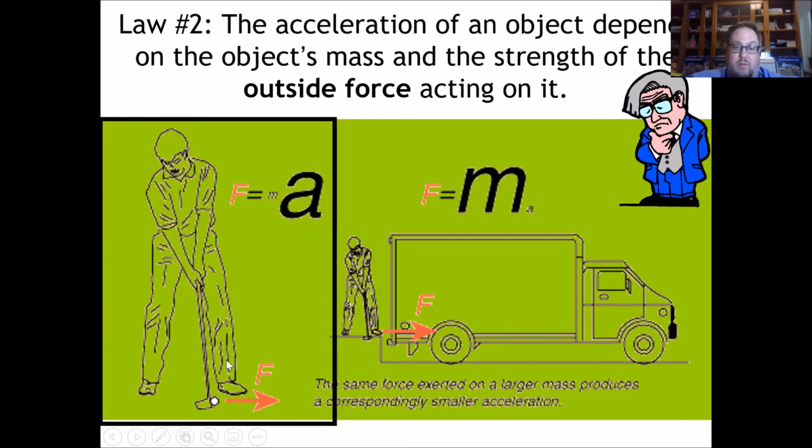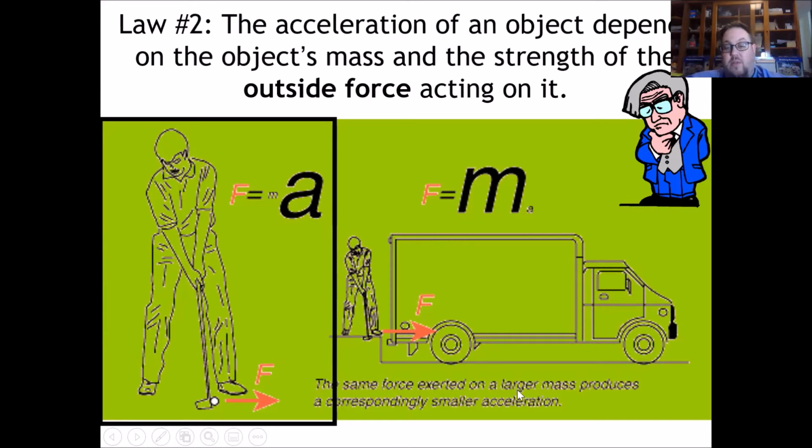But as it turns out, the mass was a lot less than the acceleration. So let's say you have a force that's sort of large and a mass that's sort of small, you get a huge acceleration.